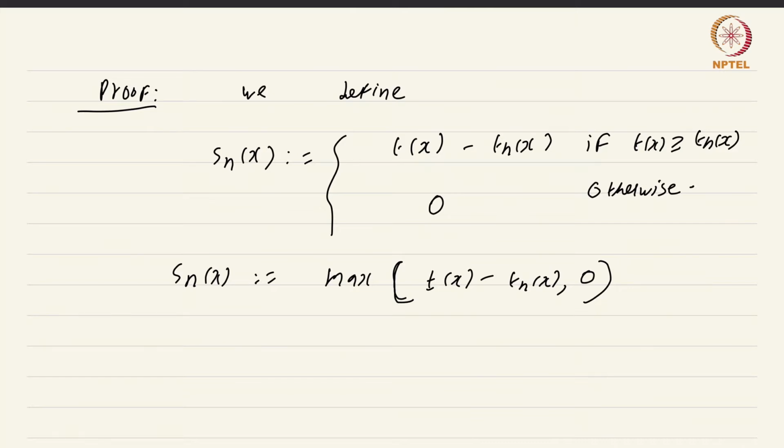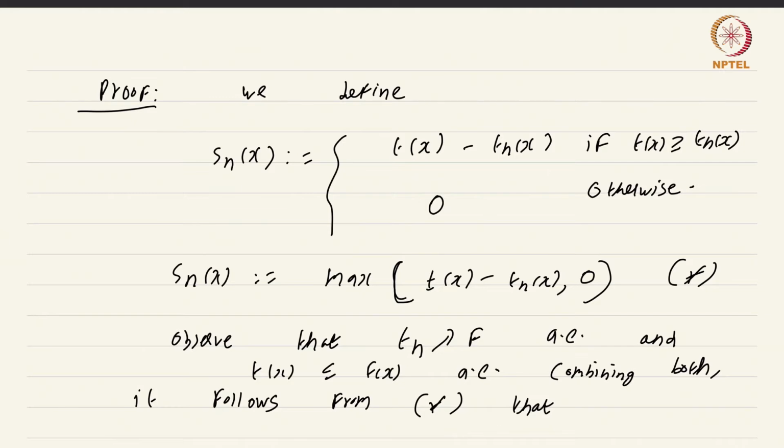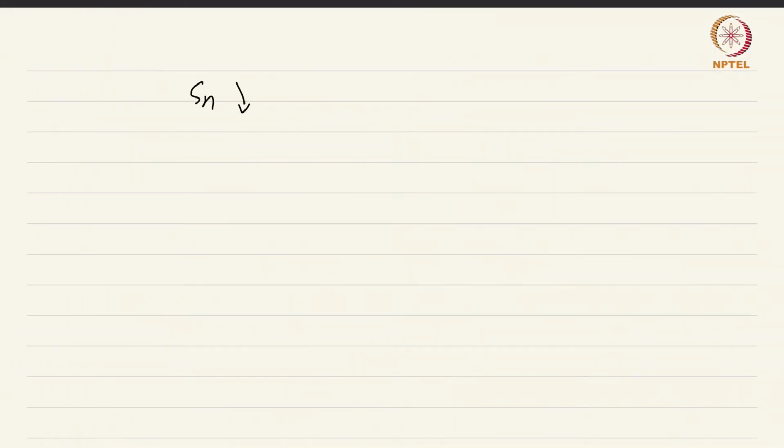Now observe that Tn increases to f almost everywhere and T(x) is less than or equal to f(x) almost everywhere. Combining both, let's call this star, it follows from star that Sn decreases almost everywhere to 0.